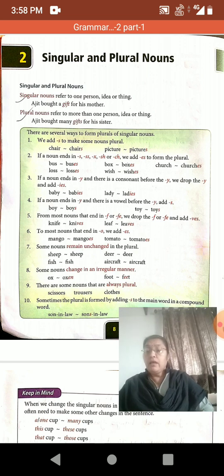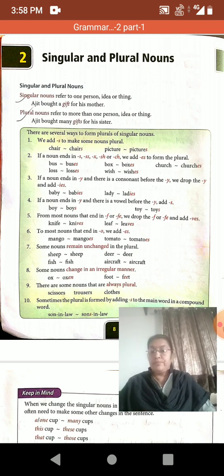Third rule, if a noun ends in y and there is a consonant before the y, we drop the y and add ies. You already studied in first standard vowel, consonant. A, E, I, O, U are called vowels, and the remaining alphabets are called consonants.